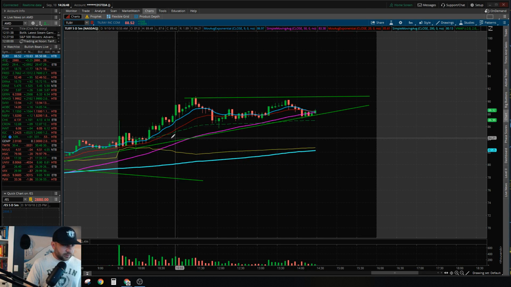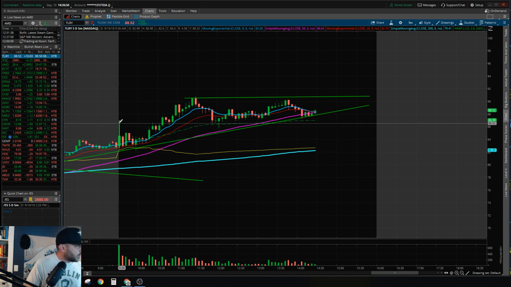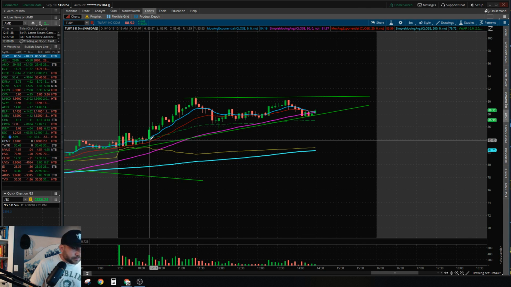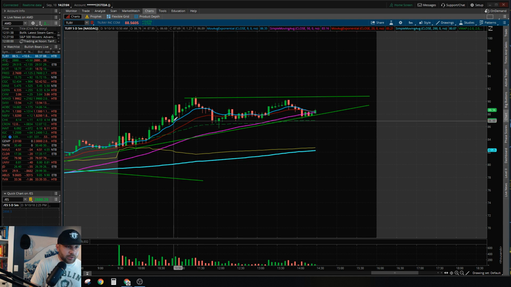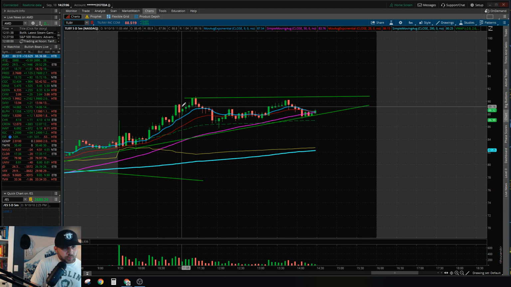So if you guys use the ride the 9 strategy on a 1 or 5 minute chart, you've got your really good signal 5-minute candle, and then you can see right here, there's been no candles that closed below the 9 EMA on a 5-minute chart. Even though you had some really wild pullbacks, a lot of people decided to buy these dips and push this back up.